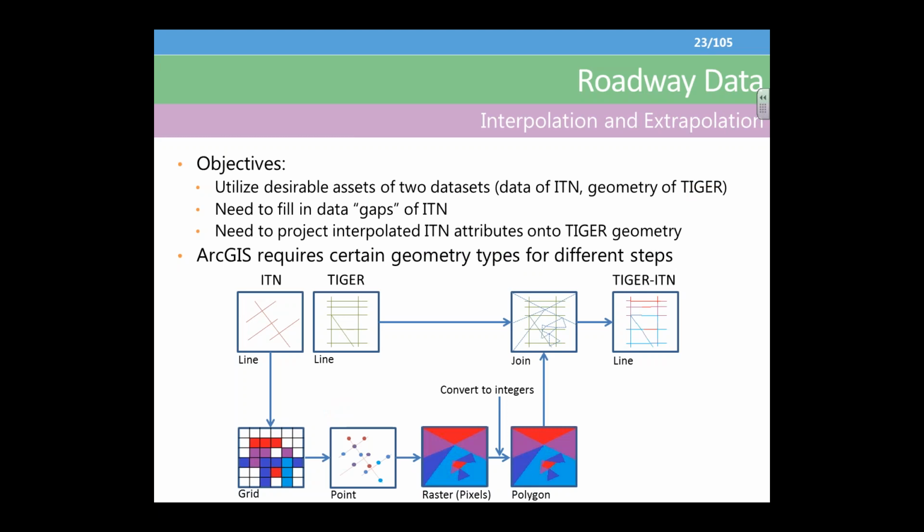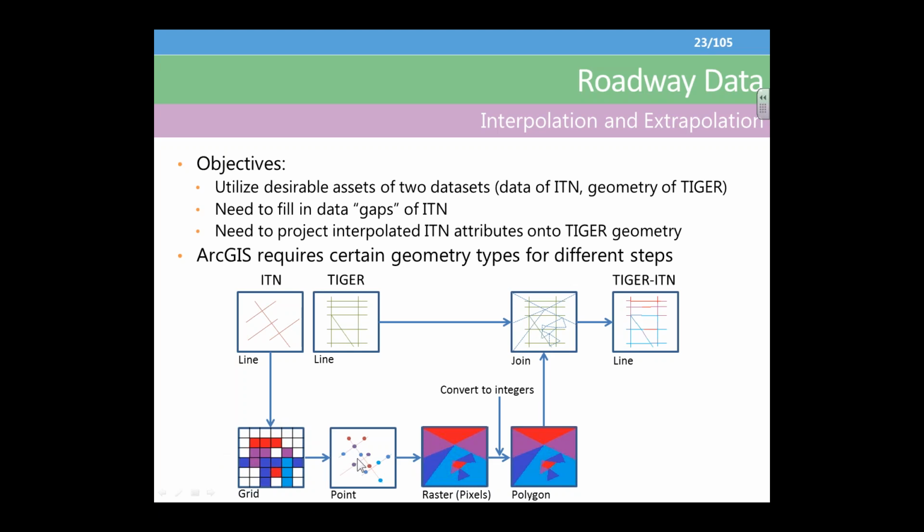So you need to do a couple of things to do this. Since ITN and Tiger don't line up perfectly, you have to fill in the gaps on ITN before you project them onto Tiger, and then you do need to project those attributes. So this is the process where we overlay a grid on ITN, and we average within that grid to get a travel speed, a travel velocity, within that grid.